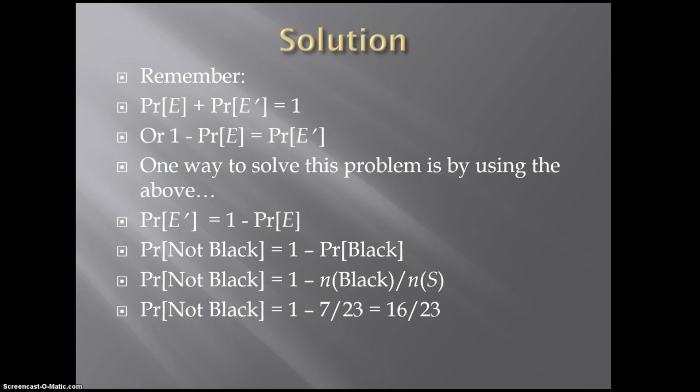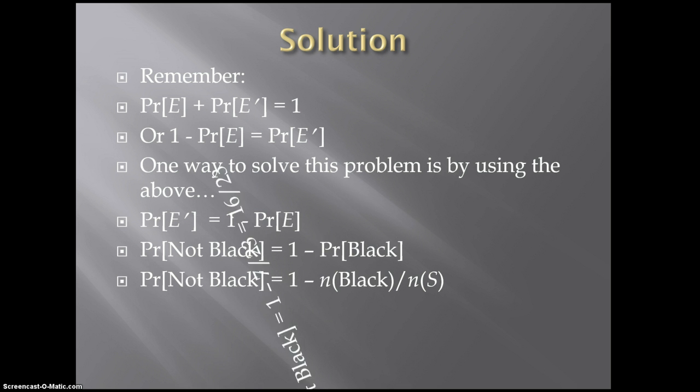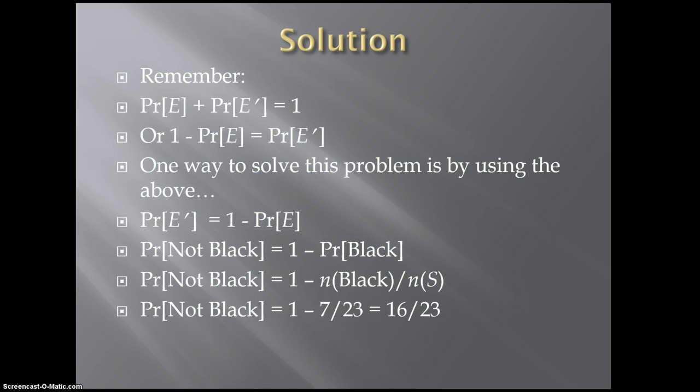Now, how did I get 7? Well, guess how many black balls there were? There were 7. And so when we do 1 minus 7 over 23, you get 16 over 23. So the probability of not black is 16 over 23.